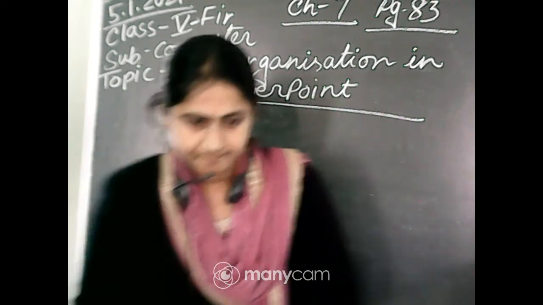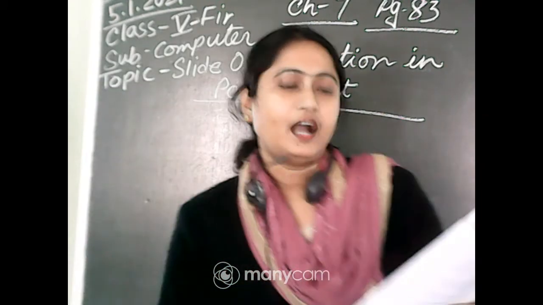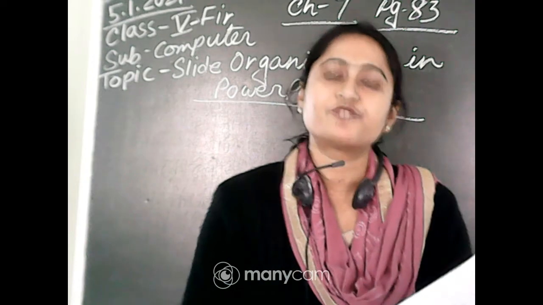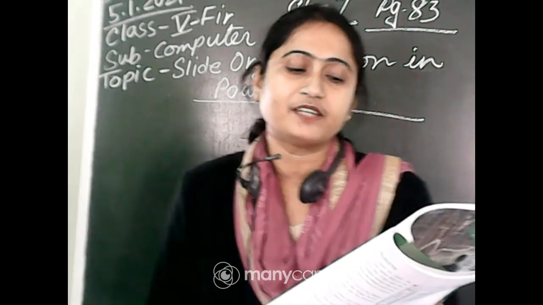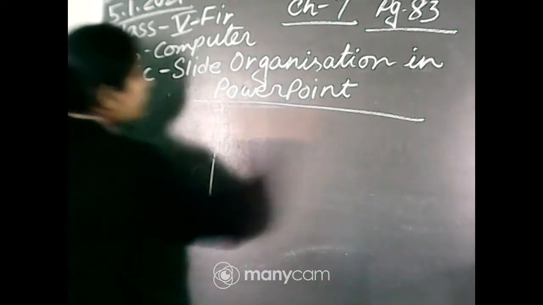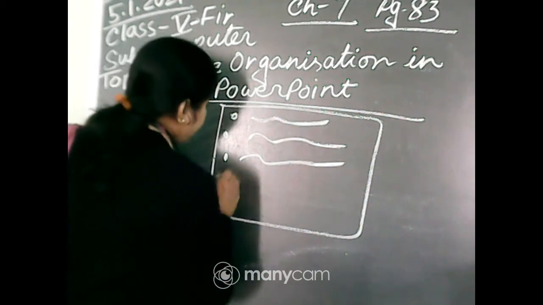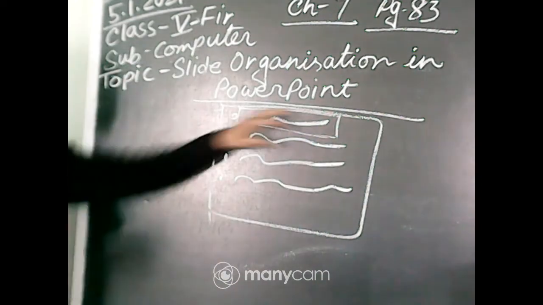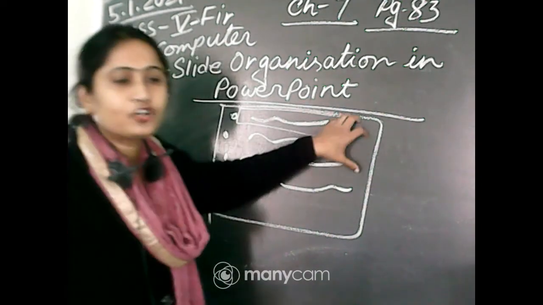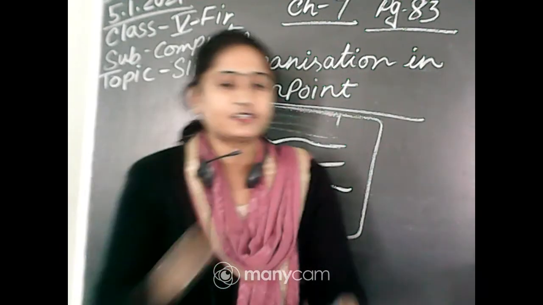Okay, now after using the Cut option or Control plus X, the selected object disappears from the slide. Suppose there are five points in your slide. I will not write those points, it will take more time. If you want to select this point, and after selecting you click the Cut option, it will disappear from the previous location.